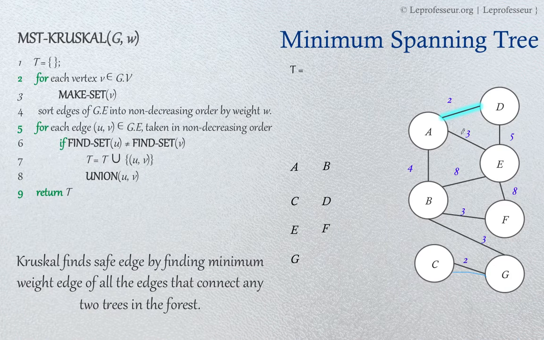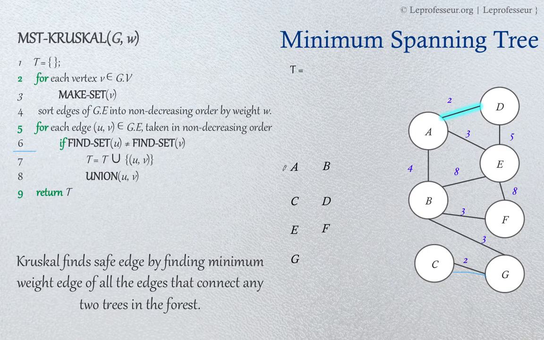We pick A and D, and now we are at line number 6, we determine whether A and D belong to the same set or the same tree or not, and they do not.